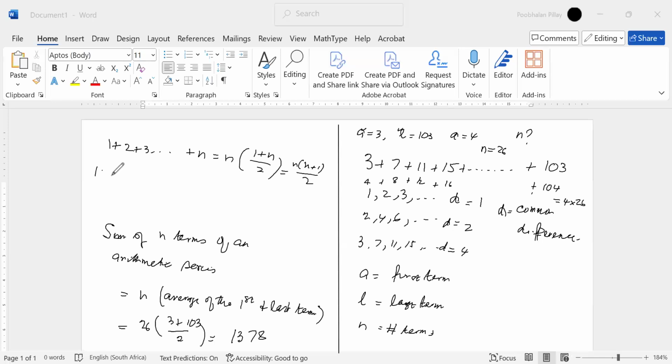And in the other case, 1 plus 3 plus 5 up to 2n minus 1. There too, we said the number of terms is n. The average of the first and the last terms: the first term is 1, the last term is 2n minus 1, and we're going to work out the average of those two.